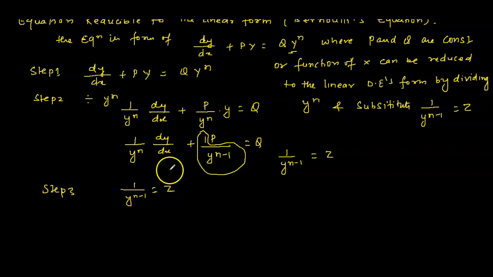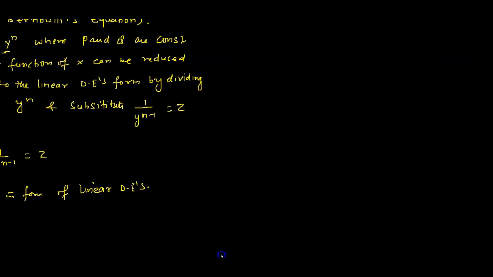Then differentiate, and then we will solve it. I will try to convert it into the form of linear differential equations, which we have already taught in the previous class. See, if you look at the question, then you will understand.